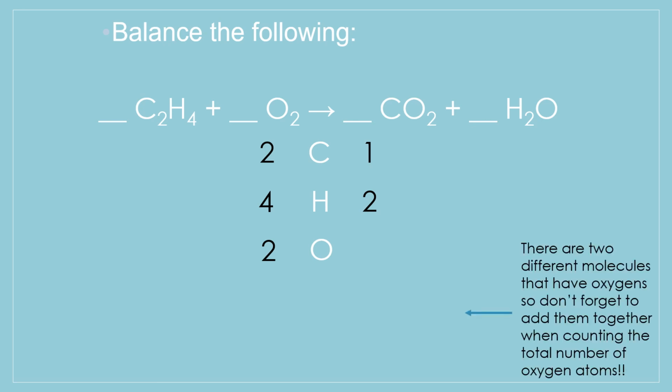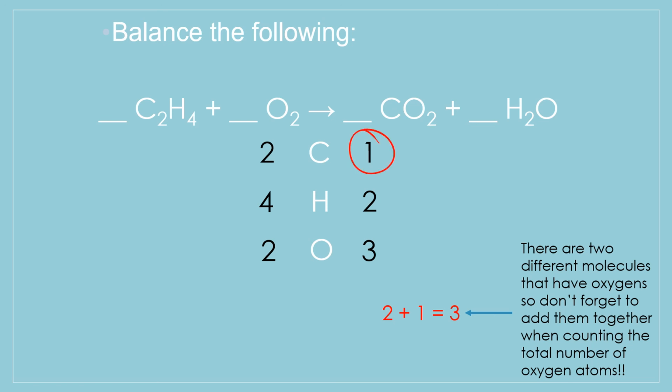So if there are 2 different molecules that have oxygen, don't forget to add them together when counting the total number of oxygen atoms. So I have oxygen here, it is 2 plus 1, and that gets me 3. So oxygen is 3.